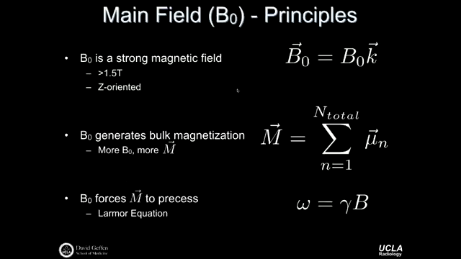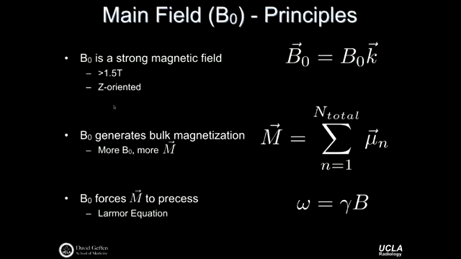And mathematically, we just say that that B0 field is some magnitude B0 multiplied along some unit direction. So I'll use the K vector as our unit directional vector along the Z axis. Sometimes I'll call it K hat, sometimes it's K vector, but same. And this will come into play today when we start looking at some solutions to some differential equations. We have to know what is our externally applied field, and mathematically it's B0 along the Z direction.